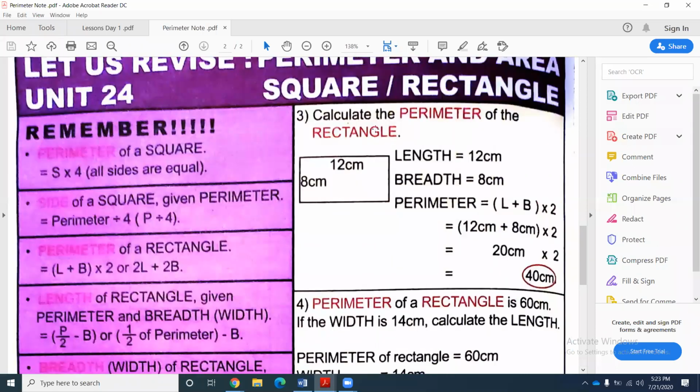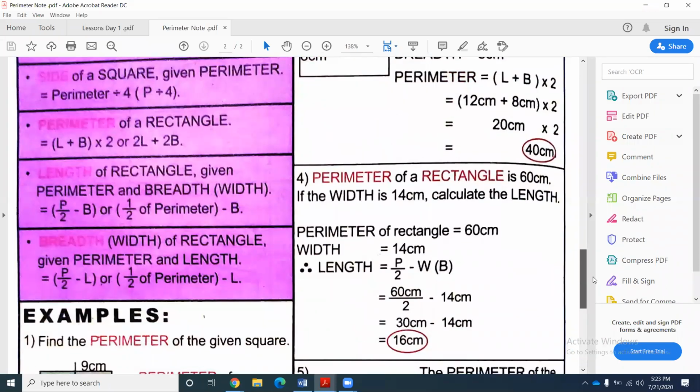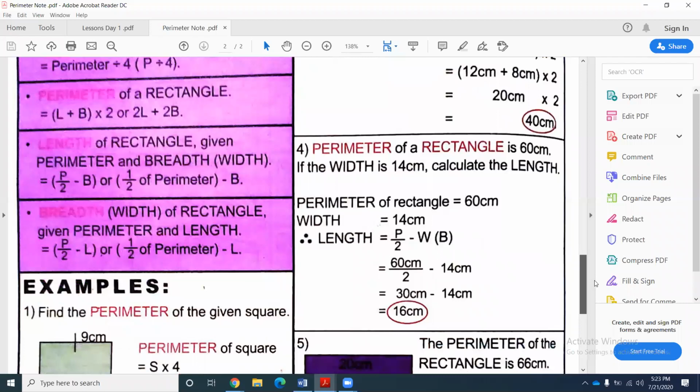If they say find perimeter of a rectangle, you need to know the length is 12 and the breadth is 8. And the formula is important. Length plus breadth by 2. 12 plus 8, find an answer. Multiply that by 2. Get an answer of 40. Same concept applies to number 4.